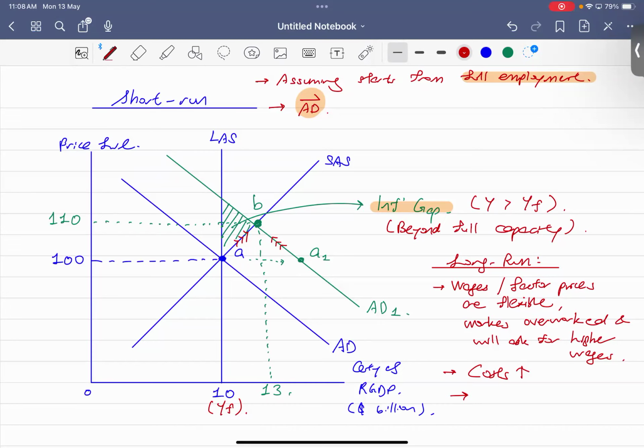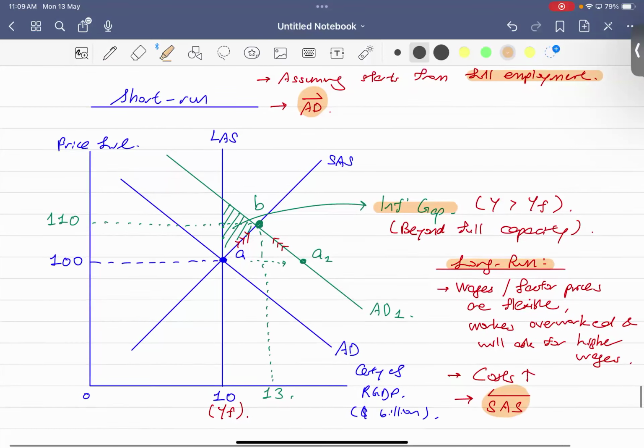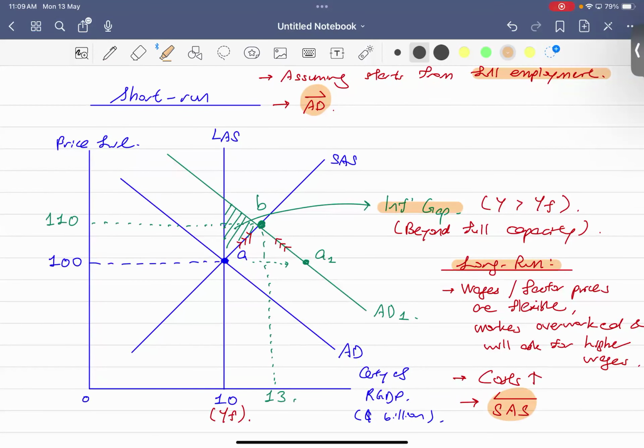Short run, yes, correct. So the short run aggregate supply curve will shift leftwards. So in the long run, the economy will shift back to full employment. So you see the red color line, it will shift back to full employment.